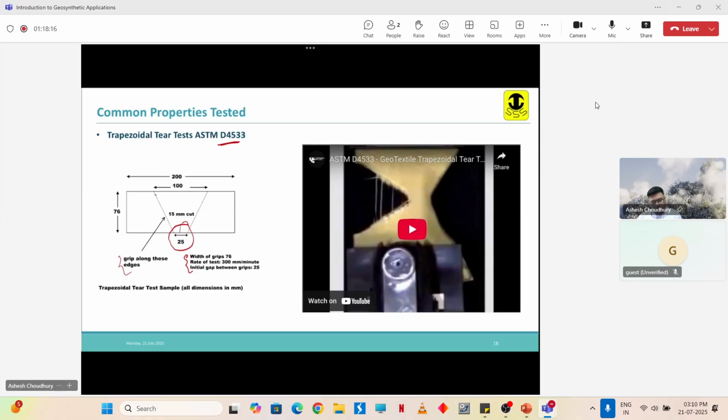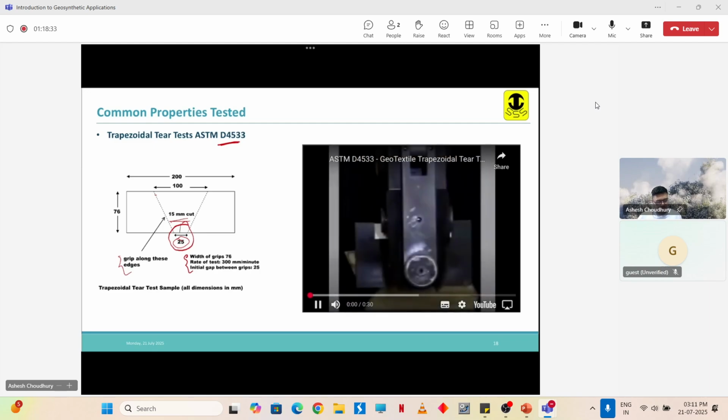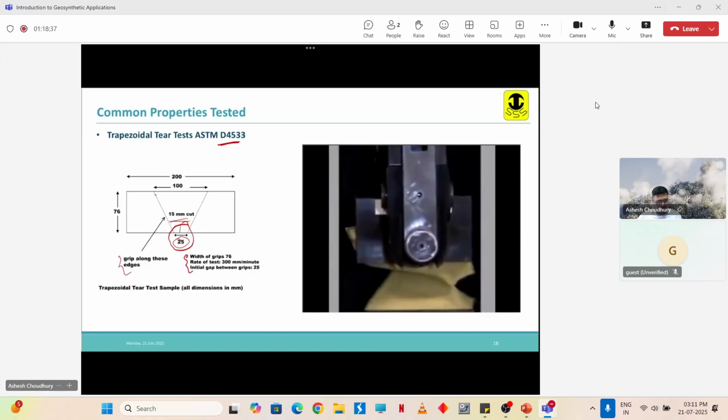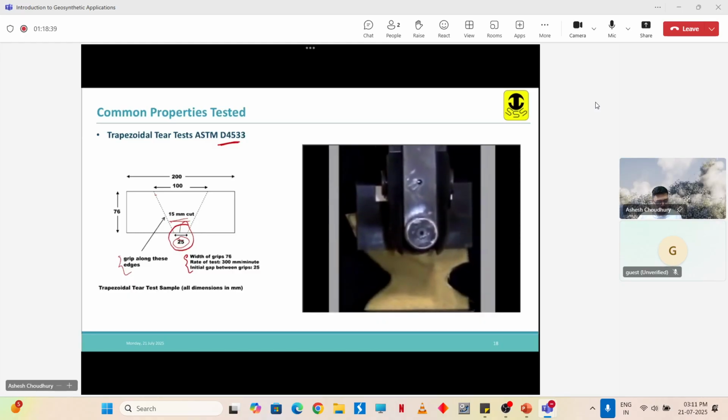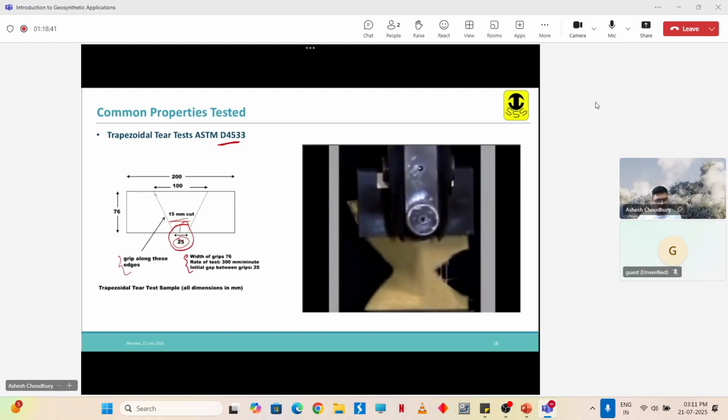Now what is going to happen next is we are going to pull it apart and allow it to tear. The 15 mm cut is there and this 25 mm is the distance between the grips. Let us see this video. Let's see, it is getting torn up.